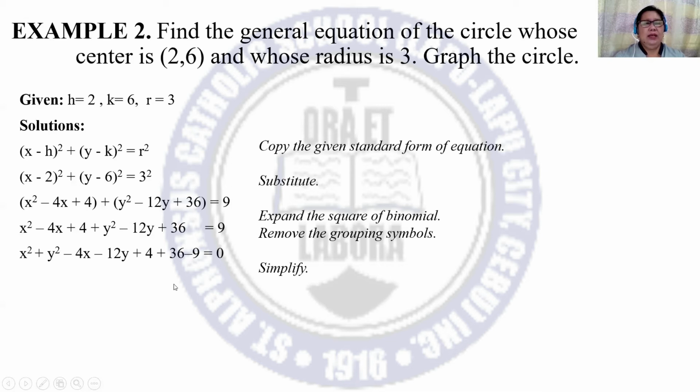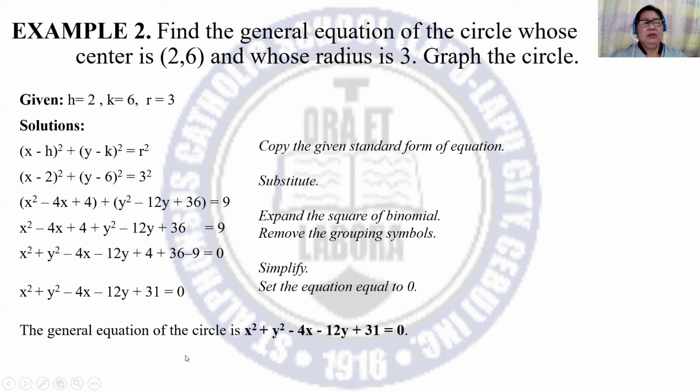So we have negative 9. Then combine the numbers and set the equation equal to 0. So what we have now is x squared plus y squared minus 4x minus 12y plus 31 equals 0. So this is now the general form of the equation of the circle.